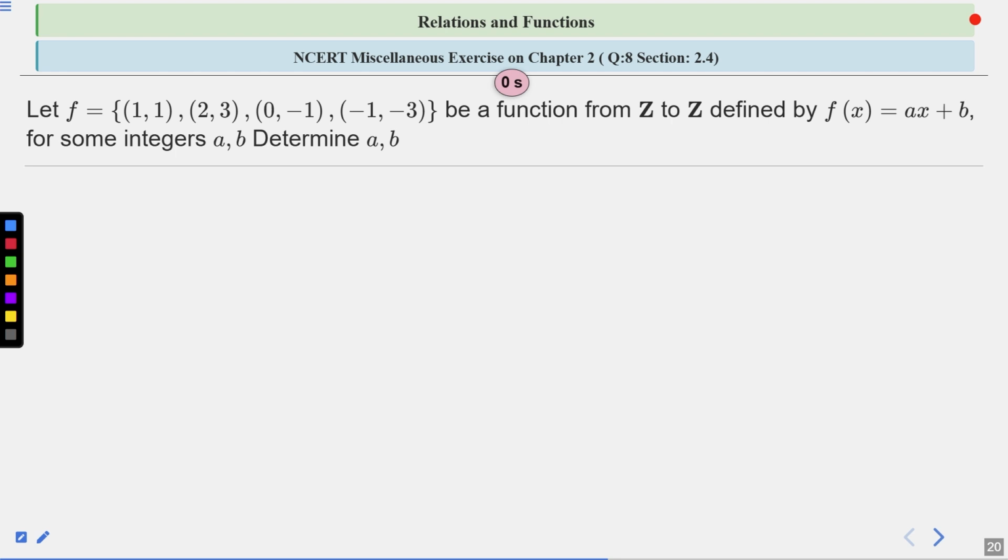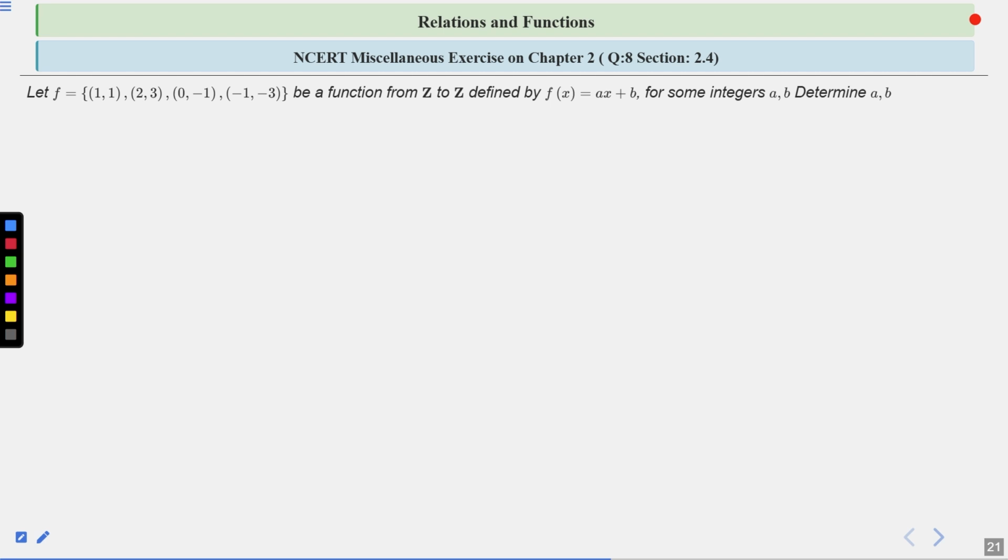The time is up. As we are given a function f defined in this manner, that for each input x, the output is ax + b, find out a and b. So the a value is going to be 2 and the b value is going to be -1. How?